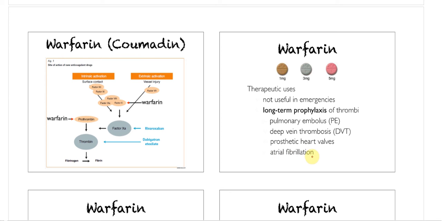With atrial fibrillation, we also have the potential of developing a clot because these quivering, fibrillating atria promote turbulence in the blood in the atria, and anytime we have turbulence, anytime we have potential stasis of blood, we have the potential for developing a clot.